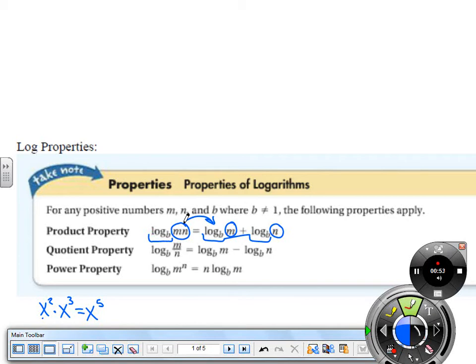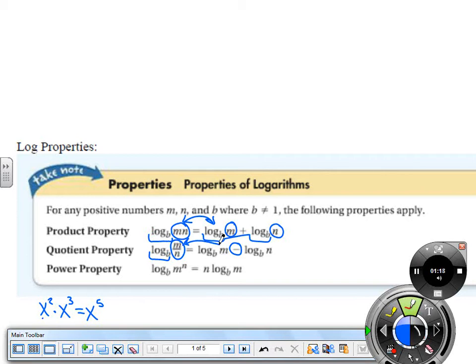Or if I have two separate logarithms being added together, I can combine them into one logarithm where the values inside get multiplied together. The same here with division, except when they're being divided, they're then being subtracted when you separate them. Or if you had two logarithms with the same base that were being subtracted, you could rewrite them as one logarithm where those two things are being divided.